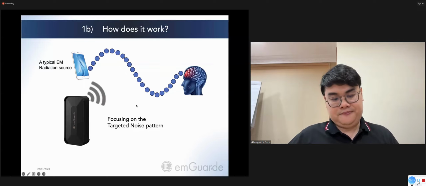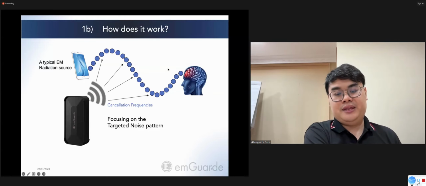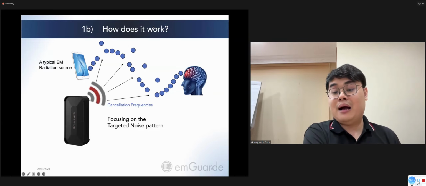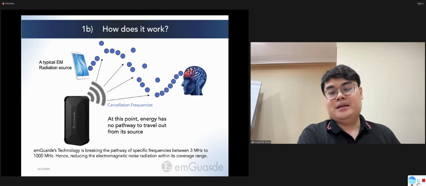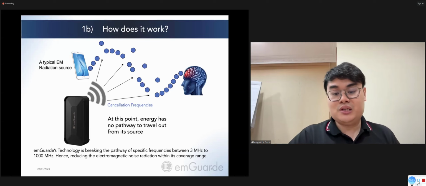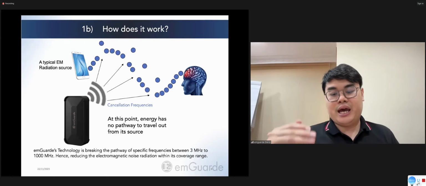Next, emGuarde sends out a string of harmonics frequencies, or cancellation frequencies in technical terms, and this is what the patent states. All these words come from the patent itself. At this point, when it breaks the pathway of the noise pattern, the energy has no pathway to travel out from its source.